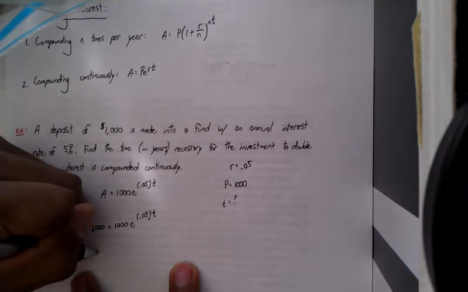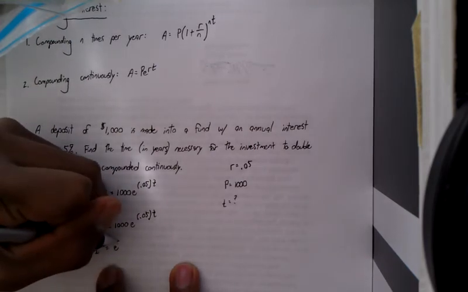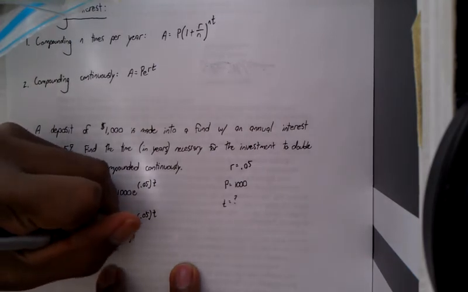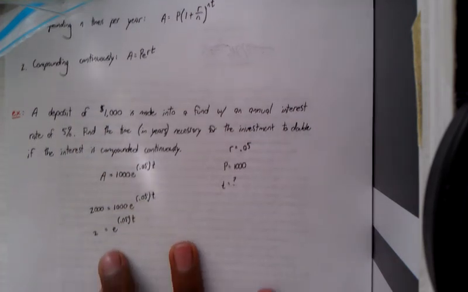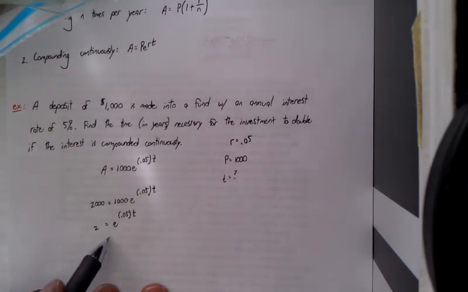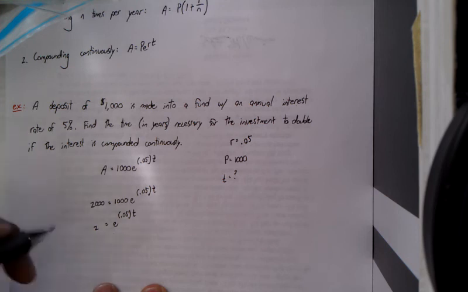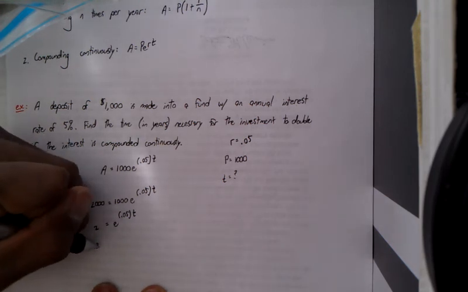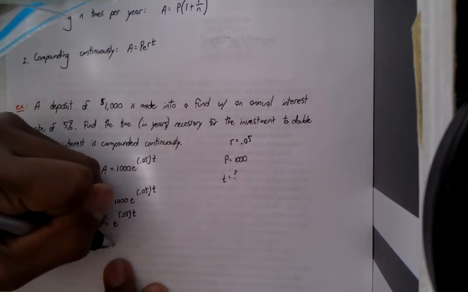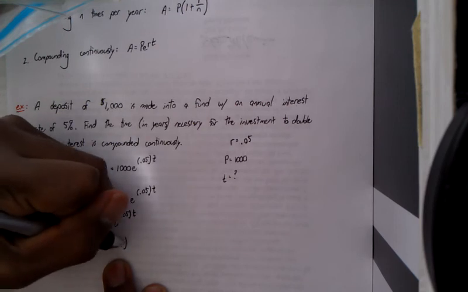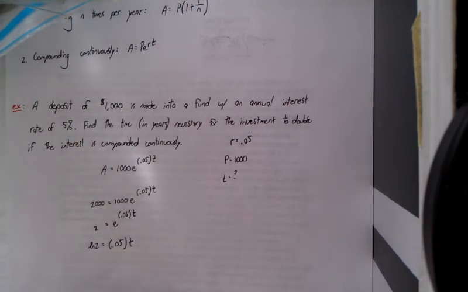Divide by 1,000, and you get that. And then if you take the natural log of both sides, you can get rid of this e, and you're just left with 0.05t.